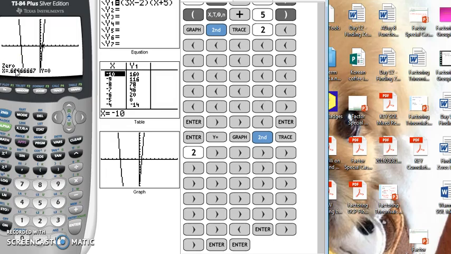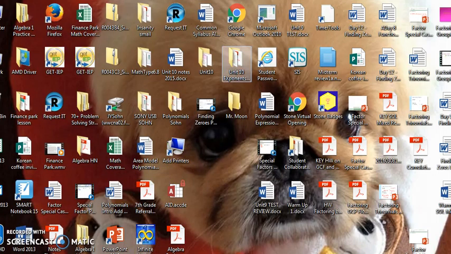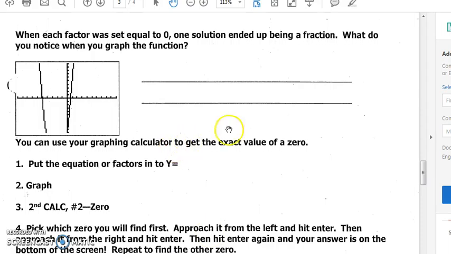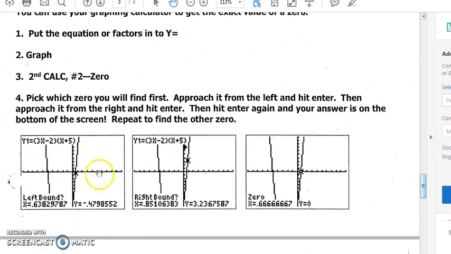How to do it on the calculator. So let's go back to our notes. It shows you right here. Pick which zero you will find first. Approach it from the left and hit enter. So right here, approach from the left and hit enter.